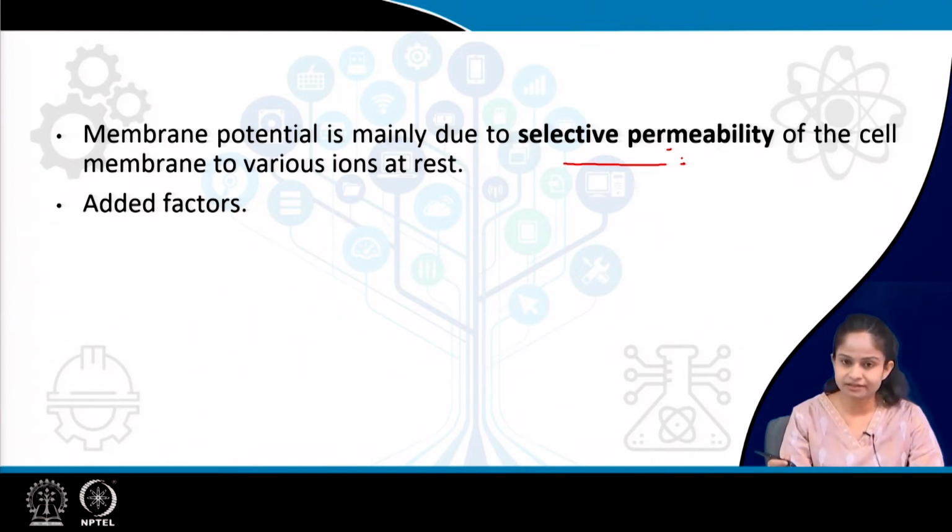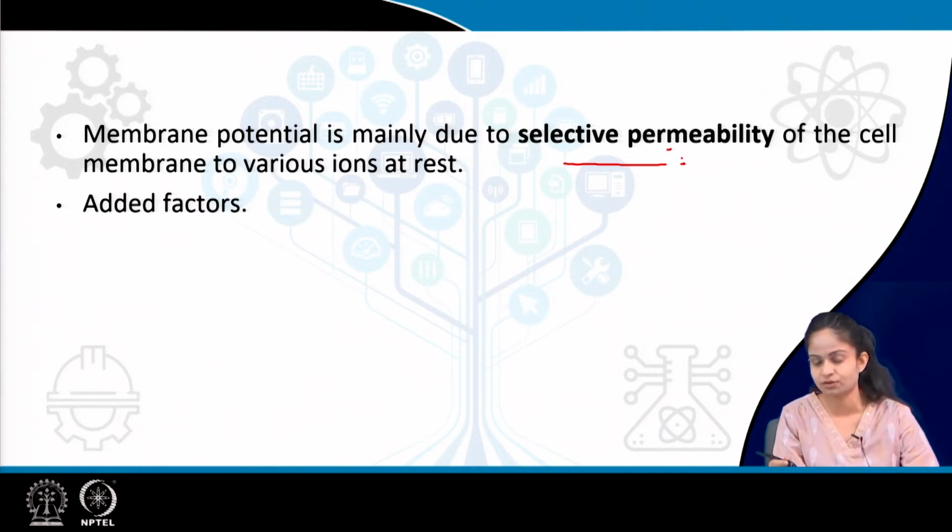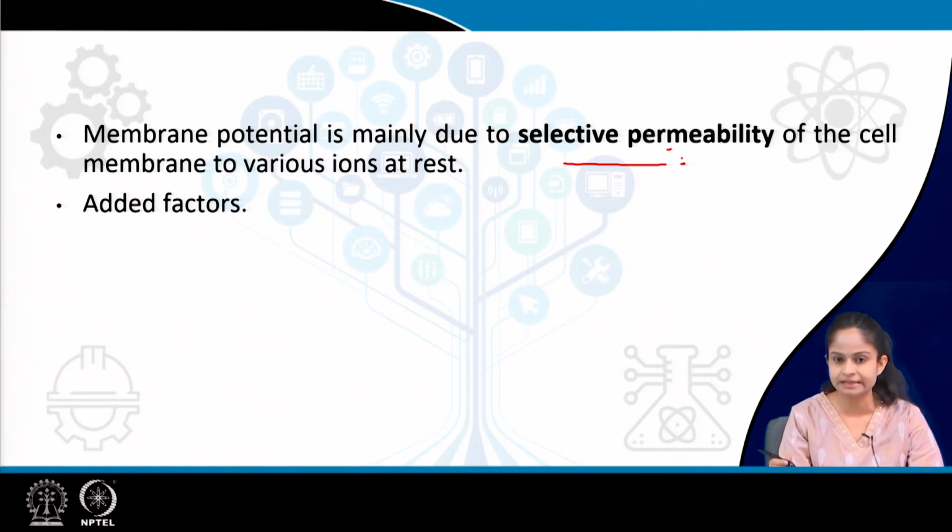Besides that, there are other added factors also, like the equilibrium potential of a particular ion, which we can calculate by using the Nernst equation. When we consider too many ions, then we do not use the Nernst equation. The Nernst equation is only for one single ion. We have other equations also, then we have the Donnan effect also, and also we have the regulating pump or the primary transport mechanism, that is sodium potassium ATPase.